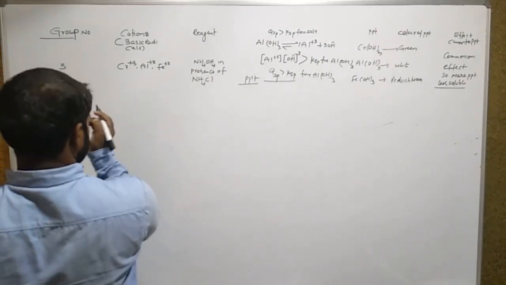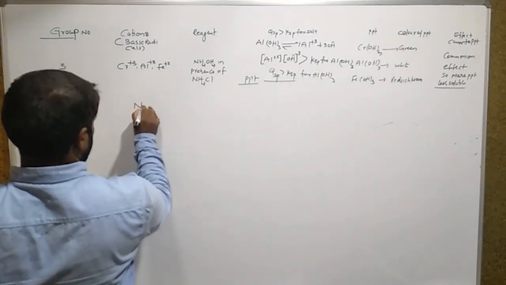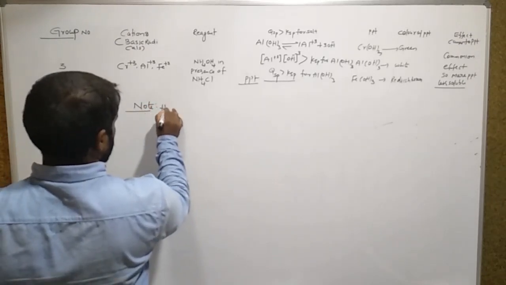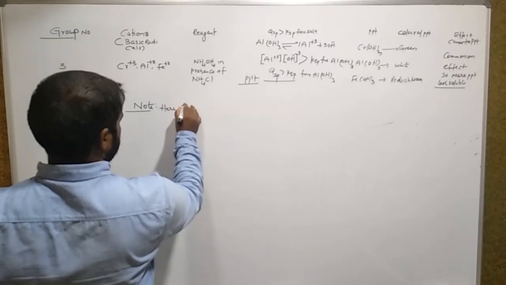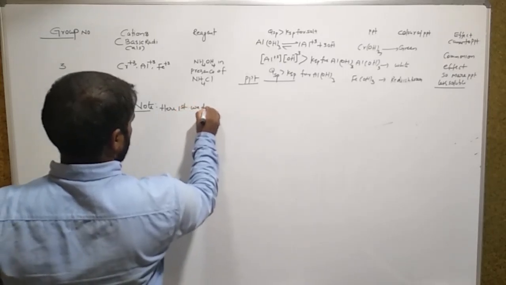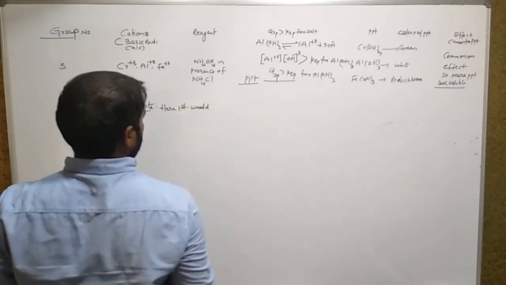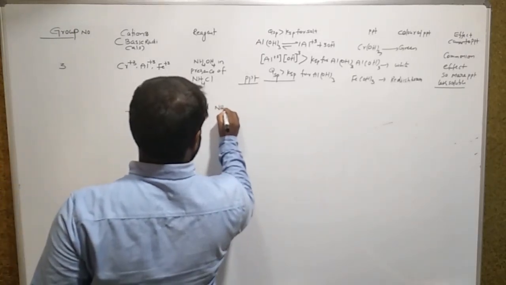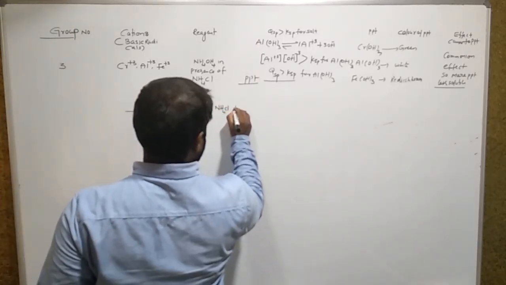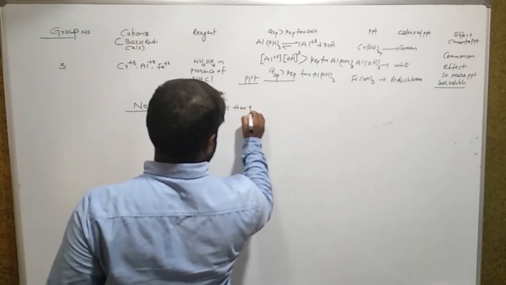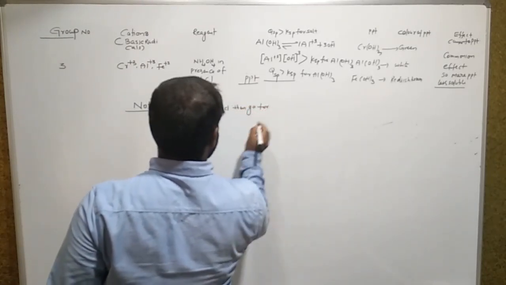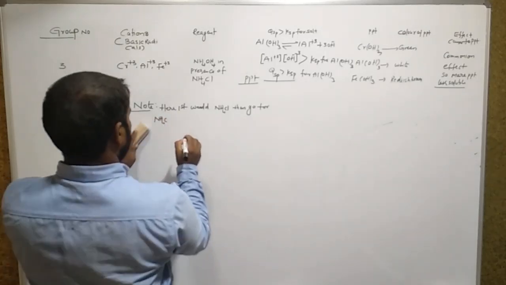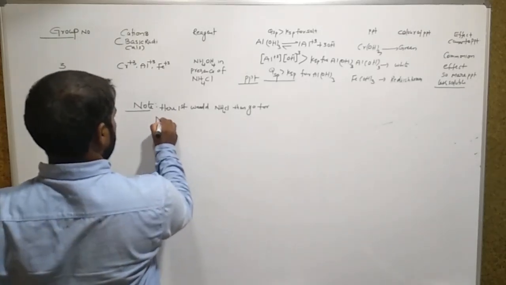Note here. Here first we add ammonium chloride, then we go for ammonium hydroxide.